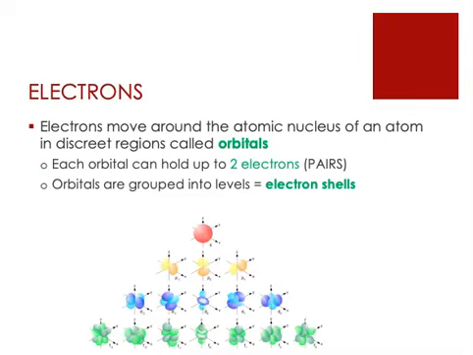And that depending on the shell, there might be 1 pair of electrons, there might be 2 pair of electrons, there might be 4 pair of electrons, there might be 8 pair of electrons. It all depends upon which shell you're talking about and how many orbitals are in that shell. What should strike you is that it's always even numbers. It's always paired electrons.